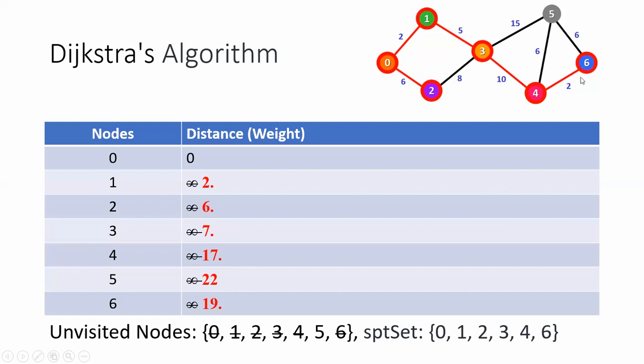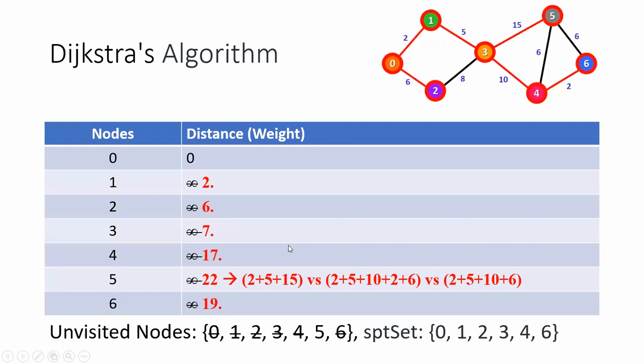So we go to the 6 first. When you reach 6, the distance will be 19, and we will stop over here. But we still have 5 that is not traveled yet, right? Because we're going to put the 6 into the shortest path list, and at last, we're going to go to and check on 5.